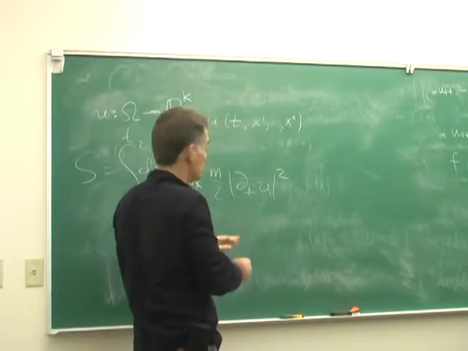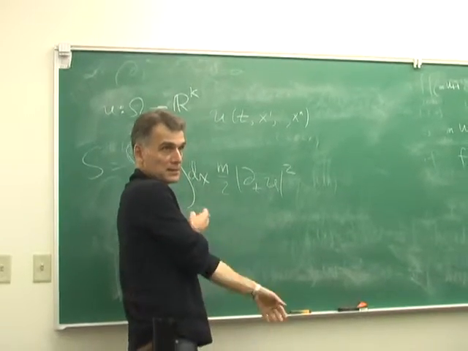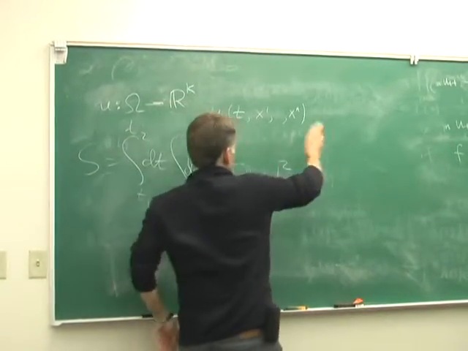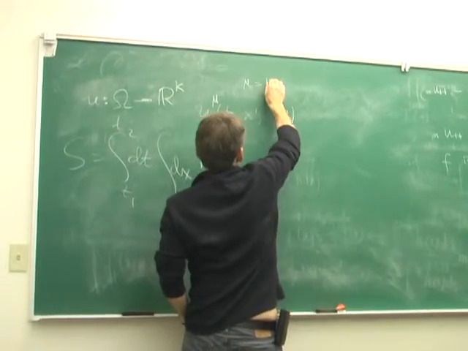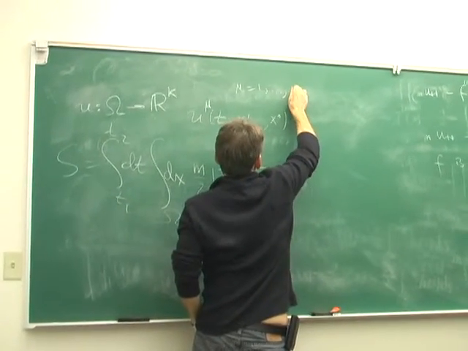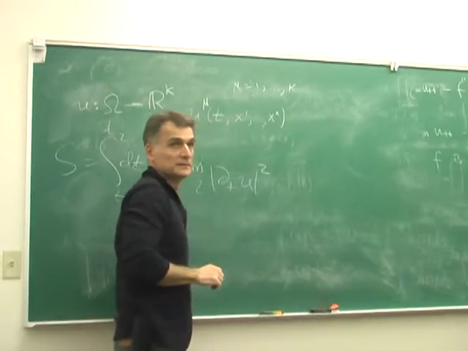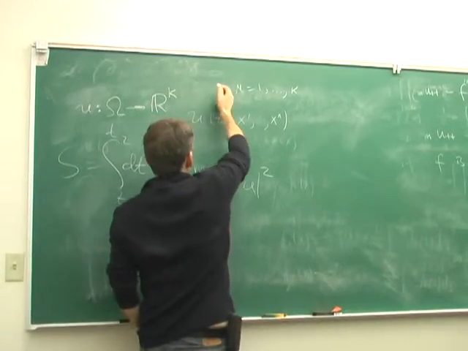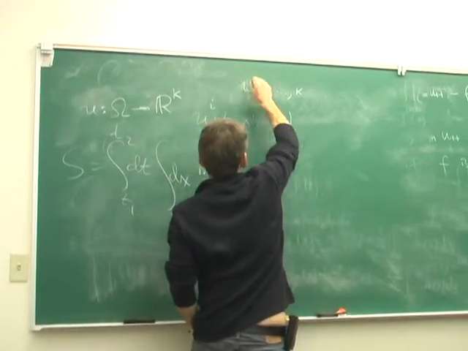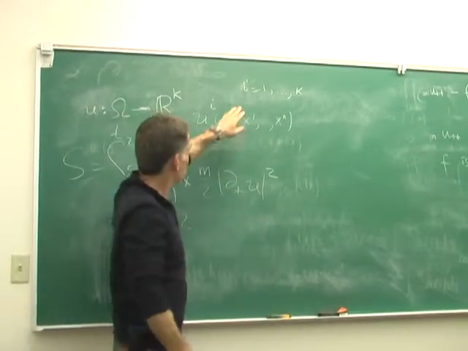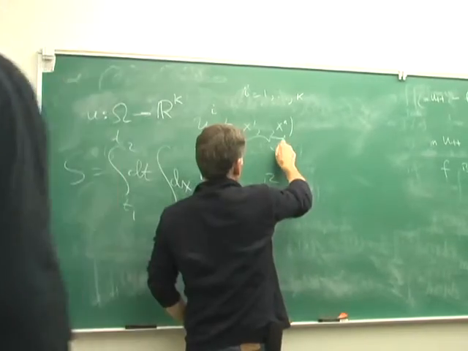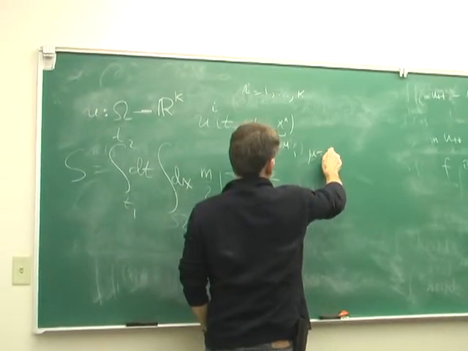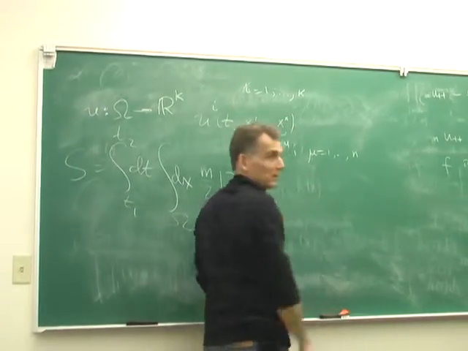So I'm going to introduce two different kinds of indices. I will call it u^i, where the index i always runs from 1 to k. And for x, I'm going to write x^mu, and mu will always run from 1 to n, whatever I have.